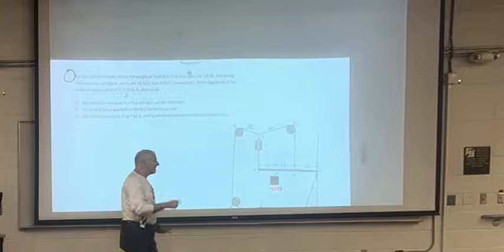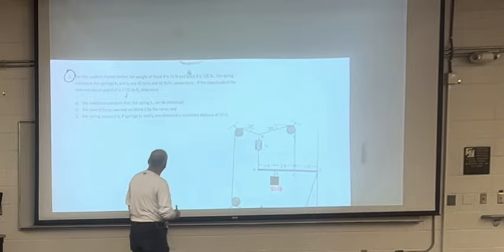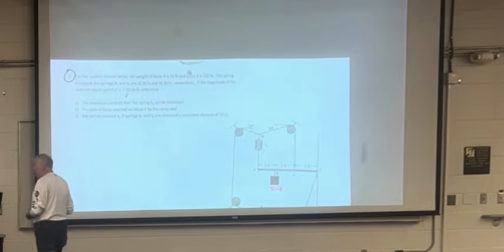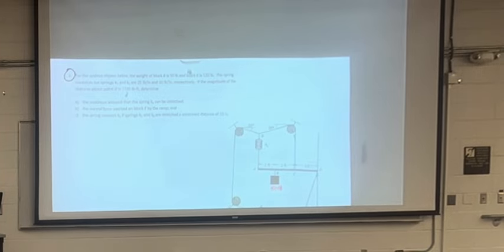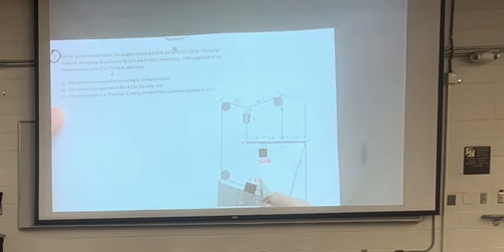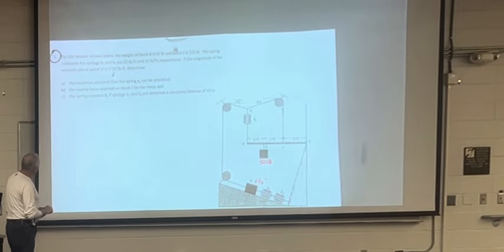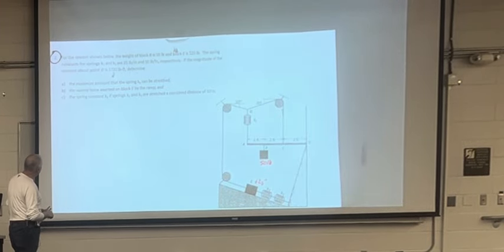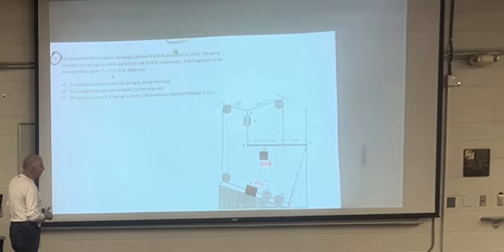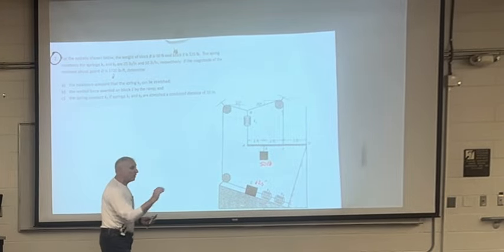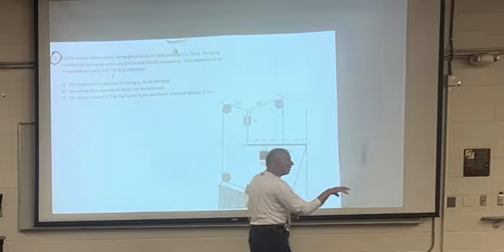That way you can visually see it. Block E is 125, so that's the block that's on the incline. Right? Spring constants for K1 and K2 are 25 and 50. Please note the little details: pounds per inch.